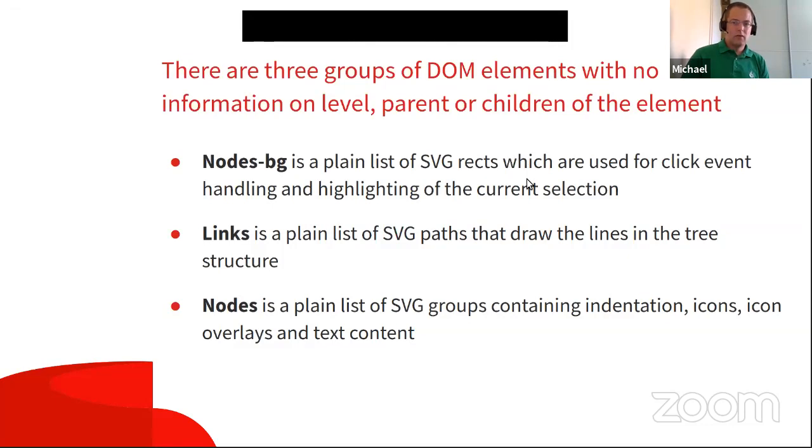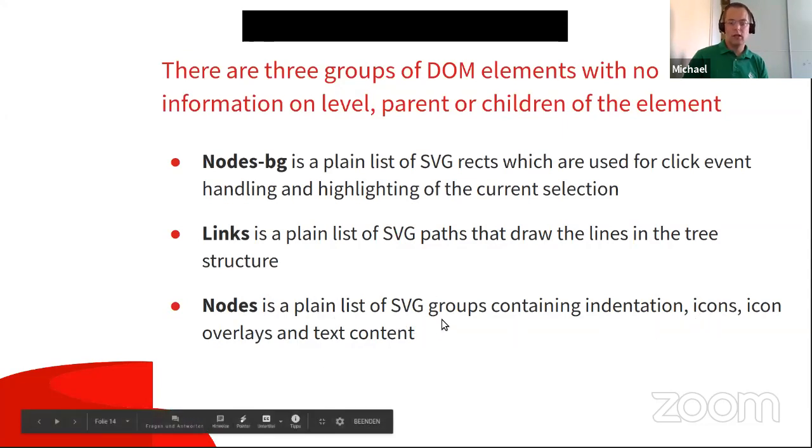They are used for click event handling and for highlighting of the current selection. The links is a plain list of SVG paths, and those draw the lines for the tree structure. And finally, the nodes, that is a plain list of SVG groups, and in these groups there is information like indentation, icons, icon overlays, text content, and more like that.